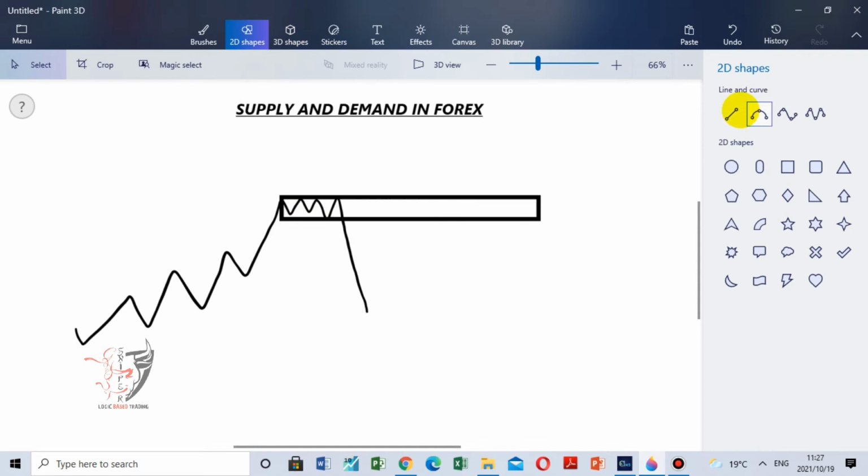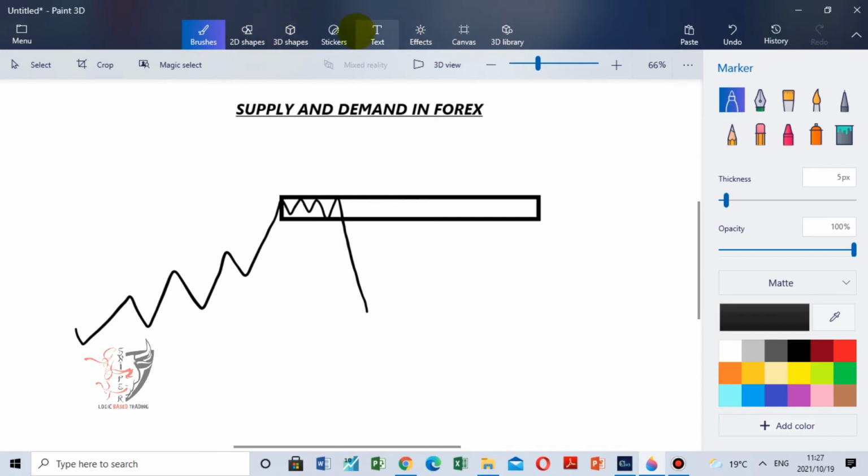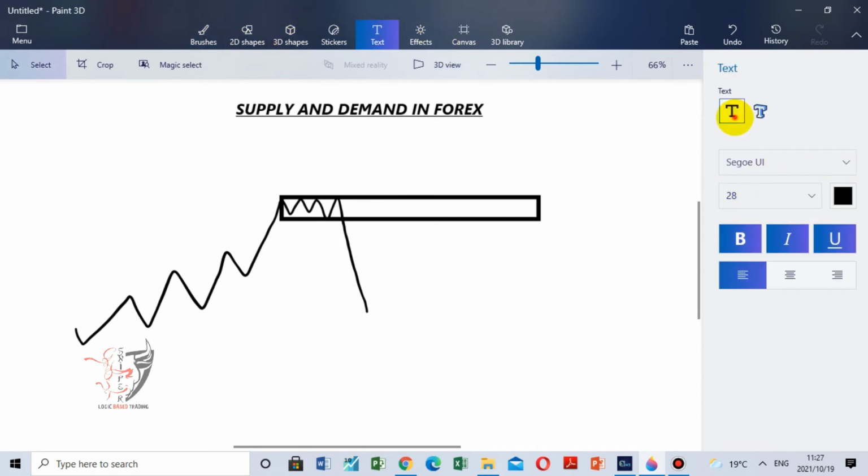This type of base we call your rally base drop. That's the type of base. This will be your rally movement.